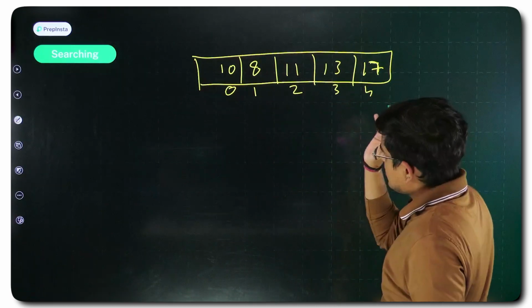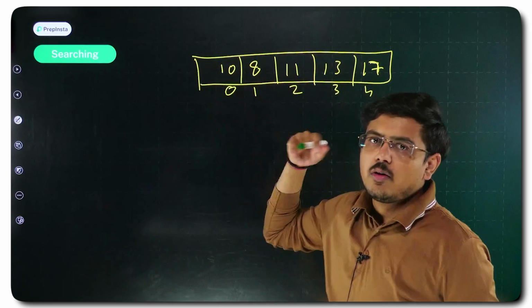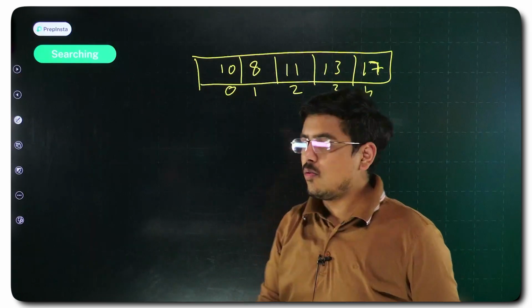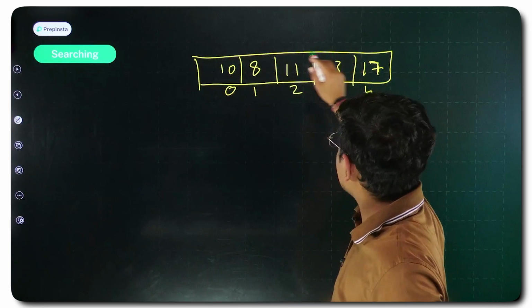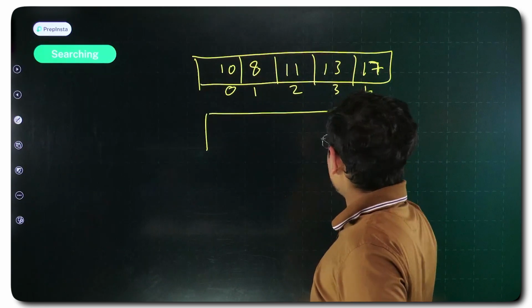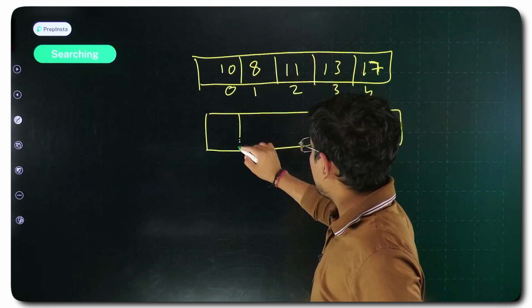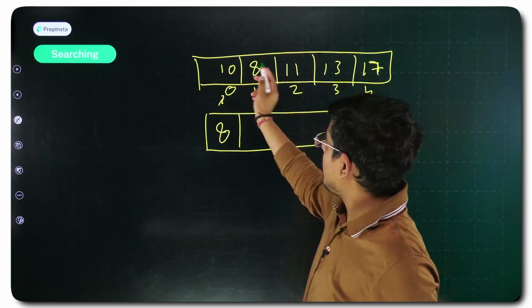Now, just stay with me here and see. If I want to sort it according to selection sort, what did I tell you? Check the whole array, see which is the smallest, which is the minimum. 8 is the minimum. At the 0th index, put 8. Fine, swap it.